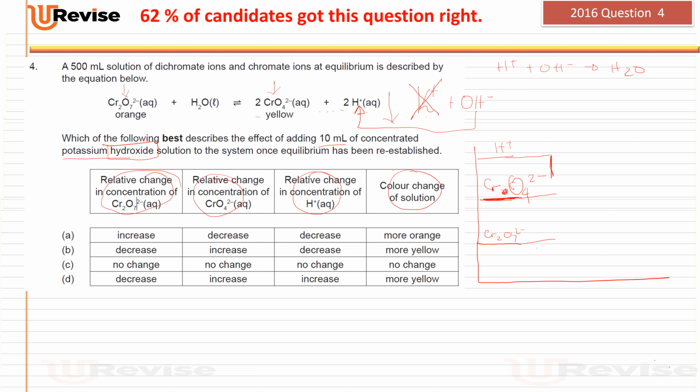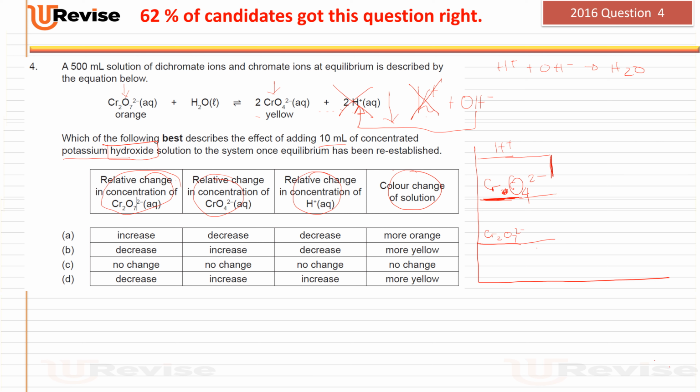When H plus ions decrease, let's first of all analyze this from an LCP perspective, which is Le Chatelier's principle. Le Chatelier's principle says that if a change is imposed on this system which affects any component, the system will respond and try to partially oppose that imposed change to bring the system back to equilibrium.